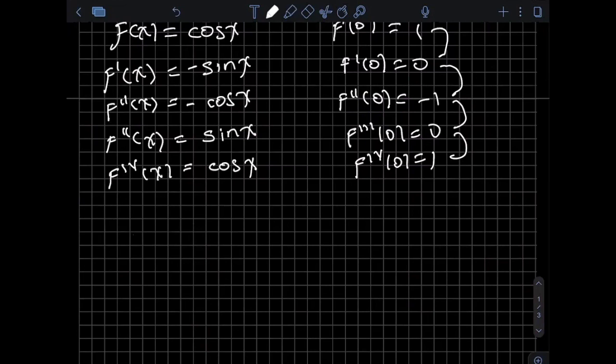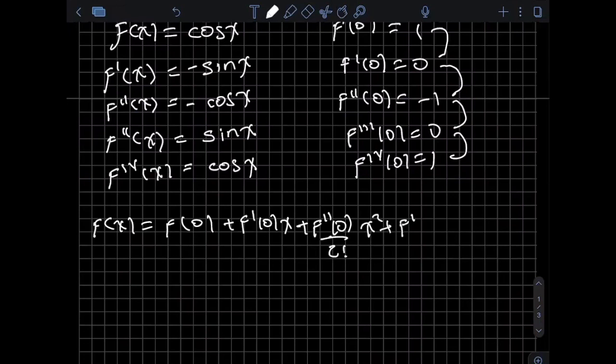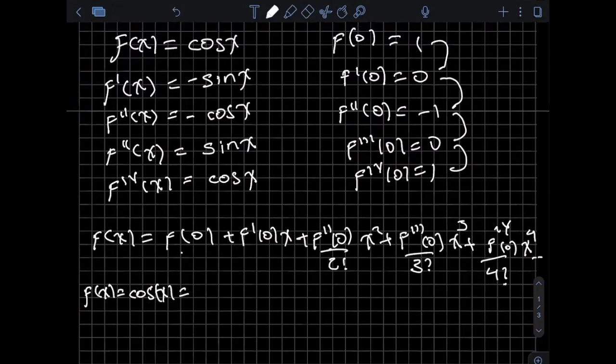So if we say the Maclaurin series of f of x is f of 0 plus f prime of 0 times x plus f double prime of 0 over 2 factorial times x squared plus f triple prime of 0 over 3 factorial times x cubed plus f fourth prime of 0 over 4 factorial times x to the power of 4 and so on, then f of x equal to cosine x will be f of 0 is 1 plus f prime of 0 is 0.